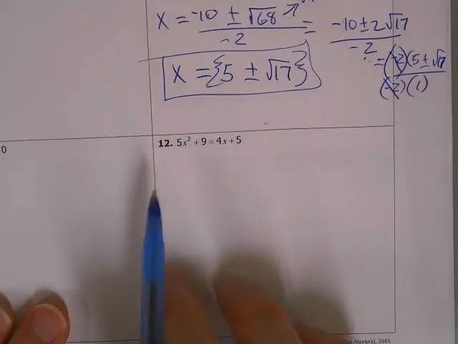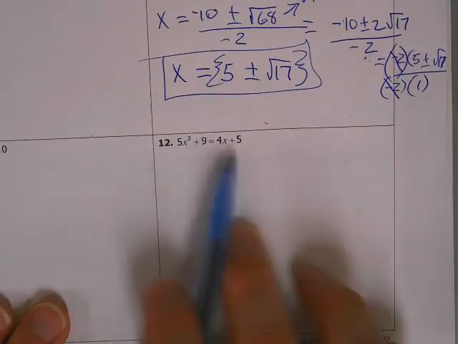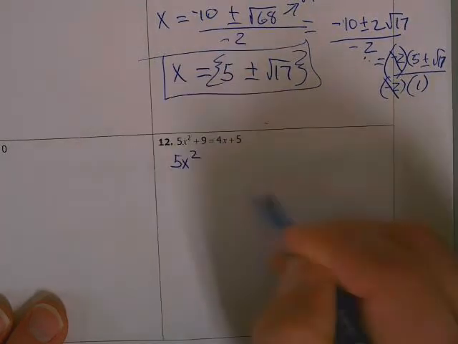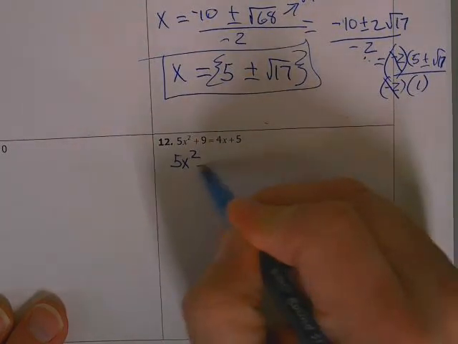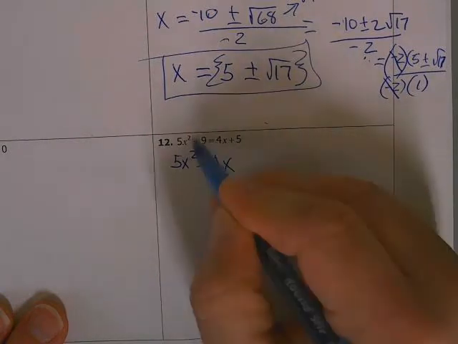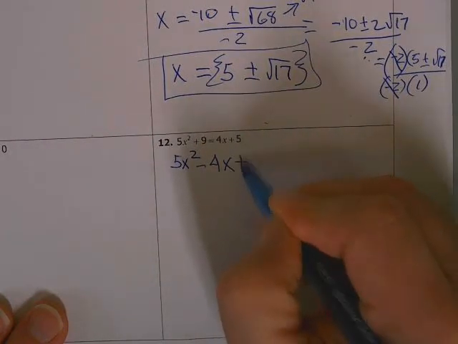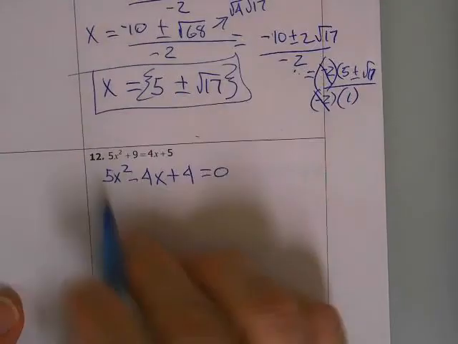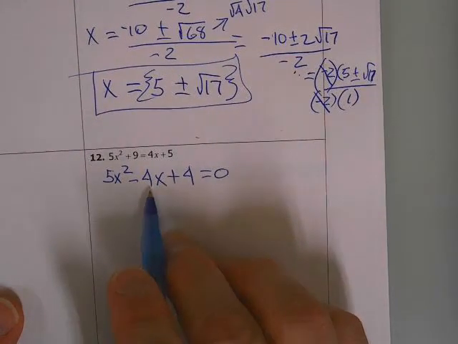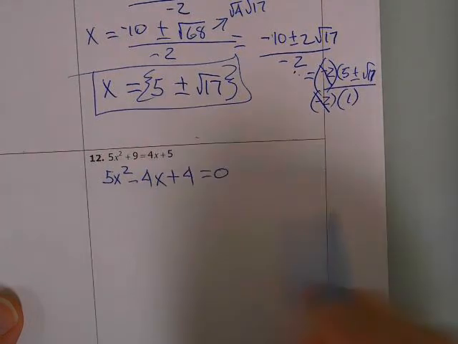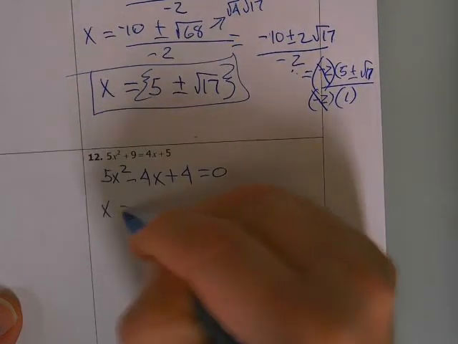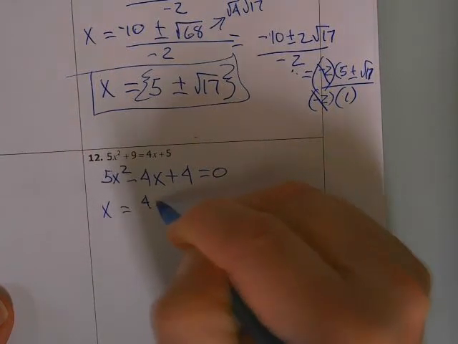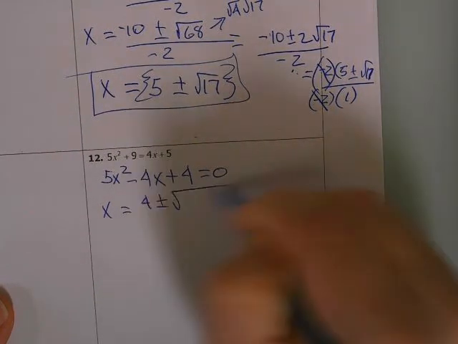So last question here. I want to get all my terms on the same side. So if I write this, 5x squared, I subtract the 4x, subtract the 5, leaves plus 4, equals 0. A is 5, B is negative 4, C is positive 4. So my x is equal to the opposite of negative 4 is positive 4, plus or minus the square root.